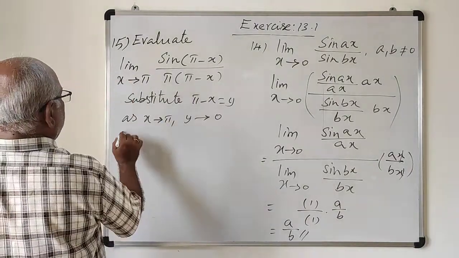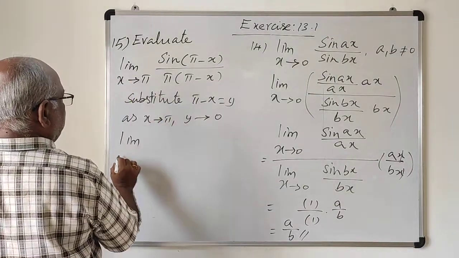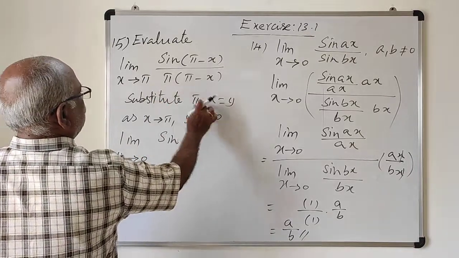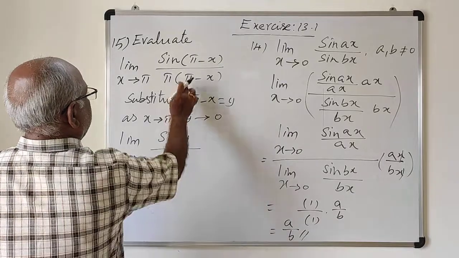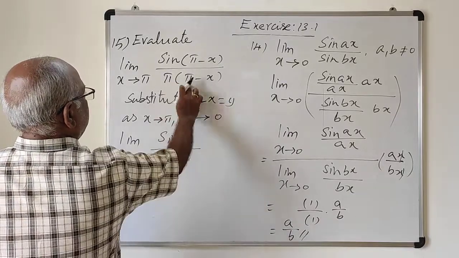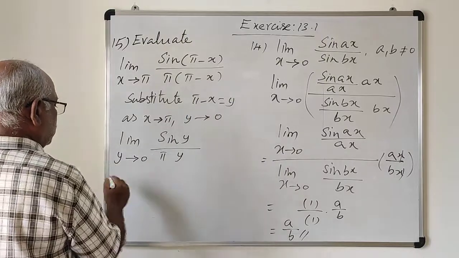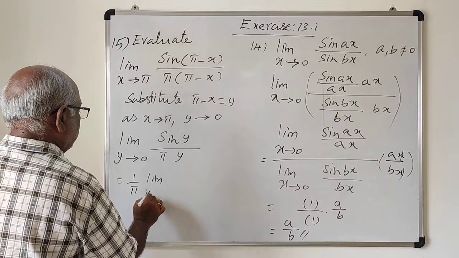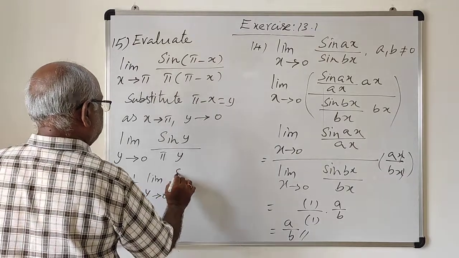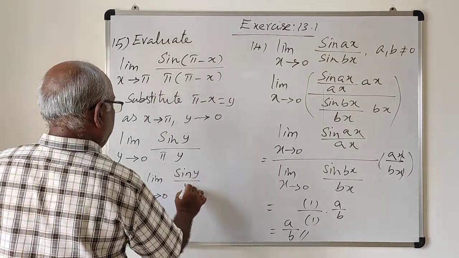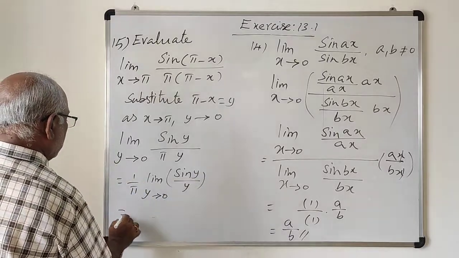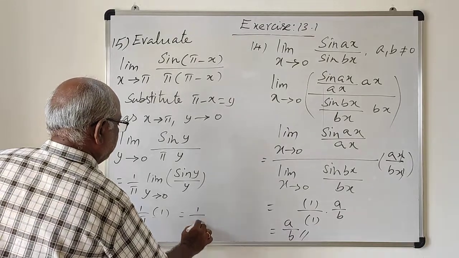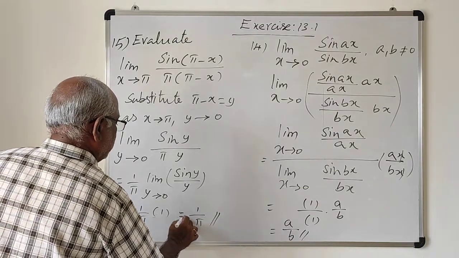So the problem becomes limit y tends to 0, sin y by pi into y. You take this 1 by pi out of the limit, since it's a constant. Limit y tends to 0, sin y by y is 1, as you know, so the answer is 1 by pi into 1, therefore the answer is 1 by pi. That is problem number 15.